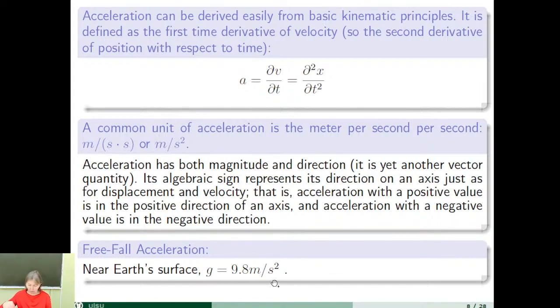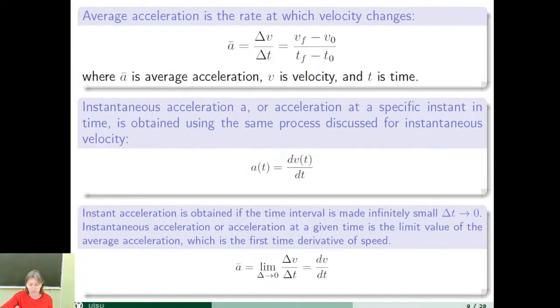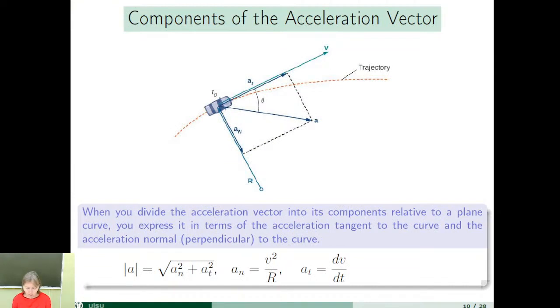And when you divide the acceleration vector into its components relative to plane curves, you express it in terms of the acceleration tangent to the curve and the acceleration normal, or perpendicular, to the curve. Look at the picture.